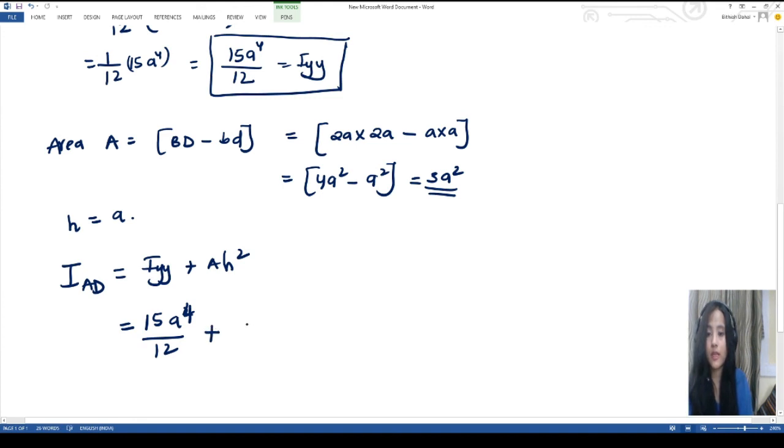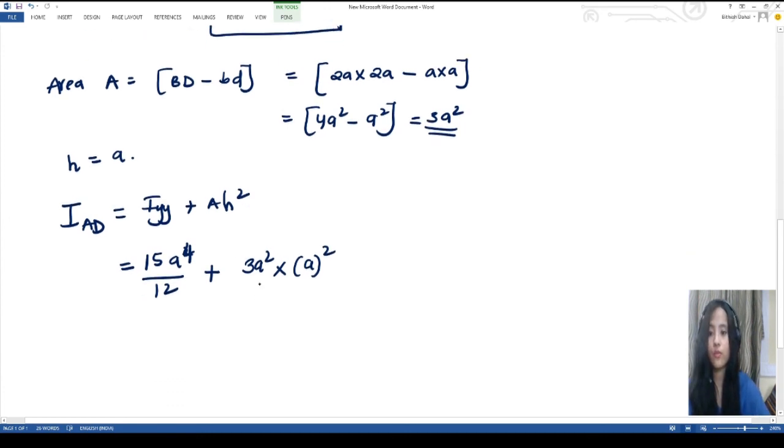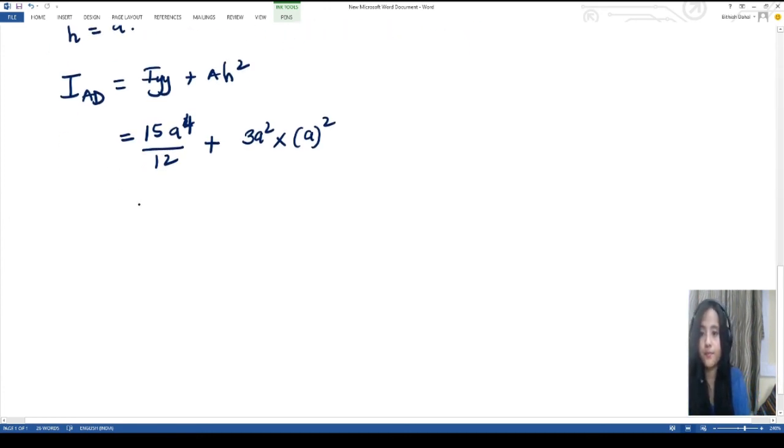Plus the area came out 3a square into the height was a square. So from here what will we get? It will be equal to 15 a raised to power 4 divided by 12 plus 3 a square into a square will be equal to 3a raised to power 4.